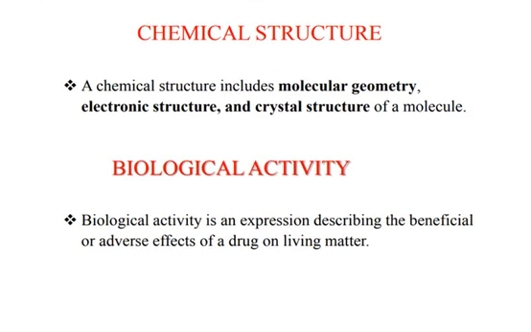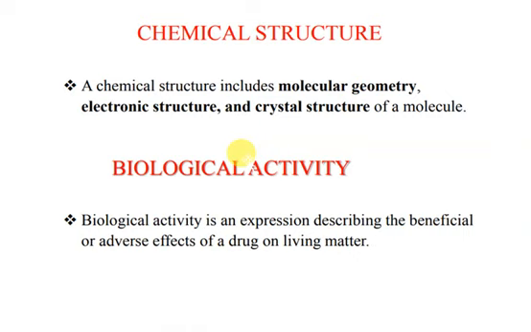Again, coming to the structure activity relationship, the chemical structure refers to the molecular geometry, that means the stereoisomerism and the conformational isomerism. That also includes the electronic structure or electronic effects, meaning the inductive effect and resonance effects, where the electronic density is rich and at which position there is a deficiency in electronic density, and it also depends on the crystal structure of a molecule.